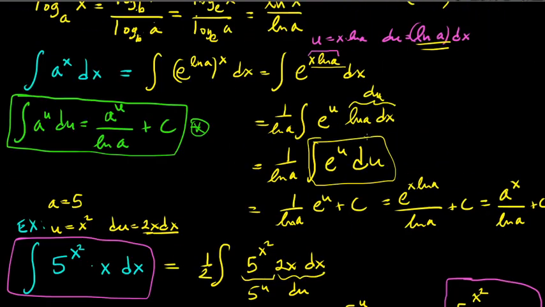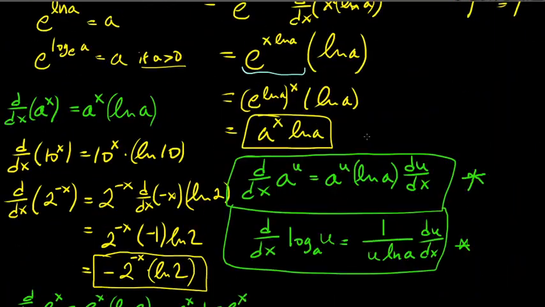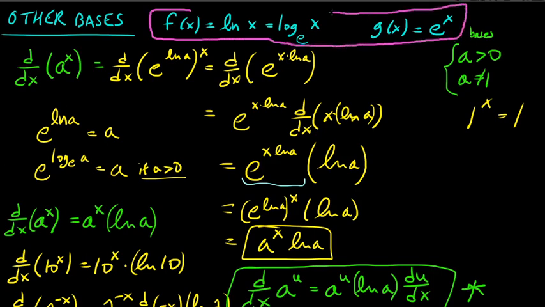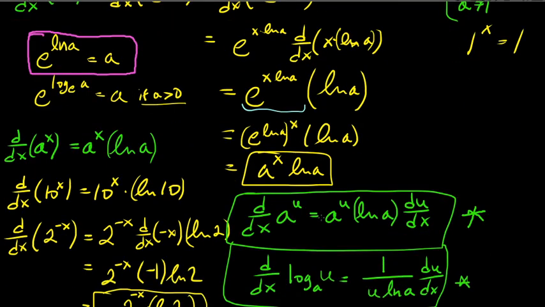So there's one other type of problem. I'm going to start over here. Let's just recap. Starting with the usual natural log and e to the x, and then just using some basic properties of inverse functions, we were able to get these 3 rules.